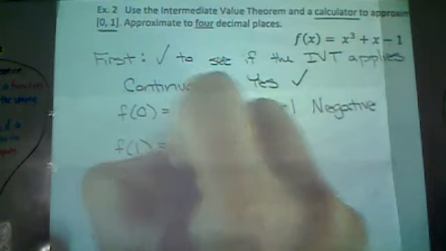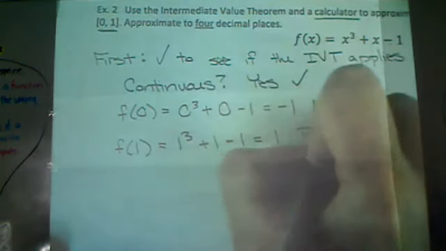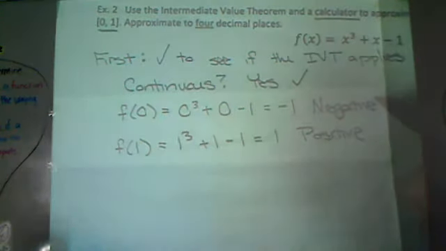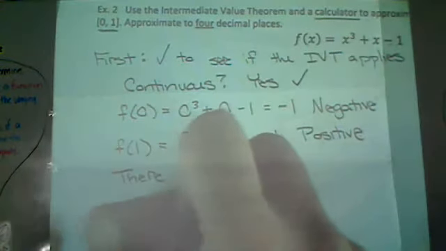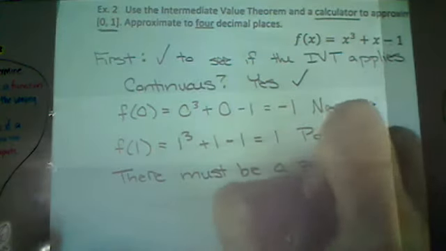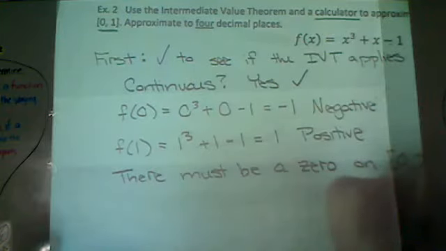And when I plug this in, I find that I get 1, which is positive. So, since the beginning of our function is below the x-axis, but the end of our function is above the x-axis, there must be a 0 on the interval 0, 1.